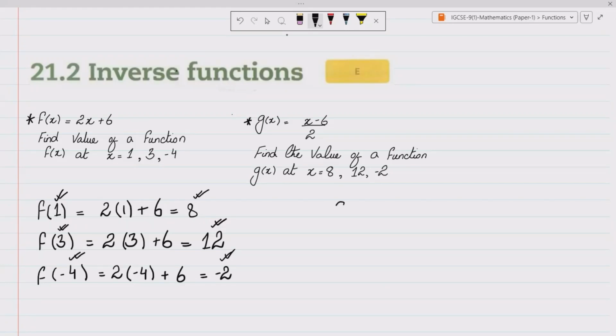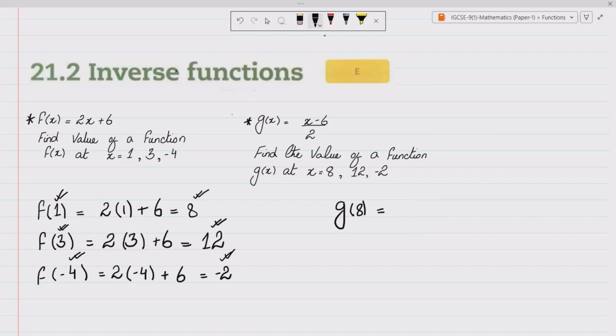Again, we do the same thing. Instead of x, we write 1. So g of 1 is... Sorry, we don't have to put 1, we actually have to put 8. It's a mistake. So we are given 8.